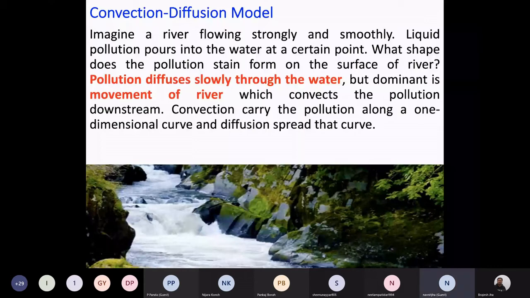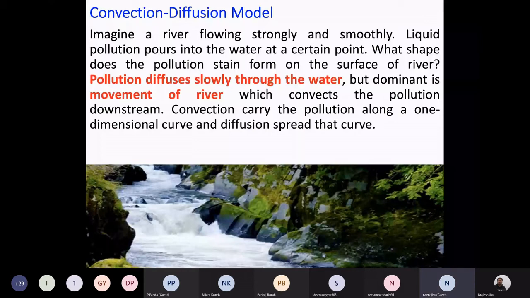Can you imagine? Basically, pollution diffuses slowly through the water. But what is dominant is movement of river, which convects the pollution downstream. Due to movement of water, the pollution goes downwards.